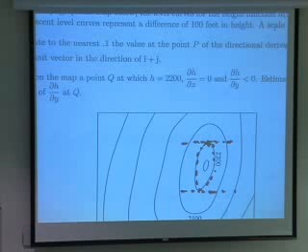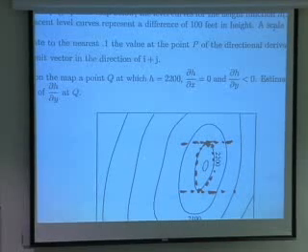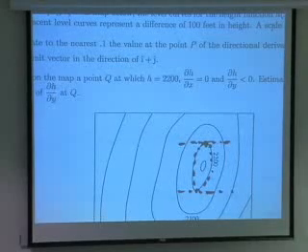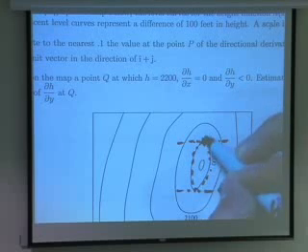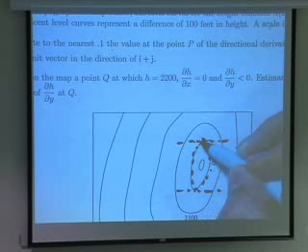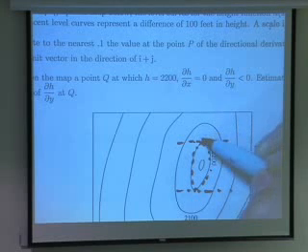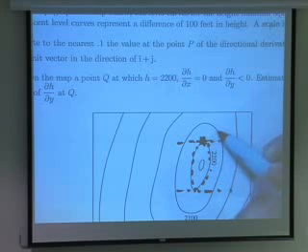Now, we're also told partial h/partial y is less than 0. That means if we go north, we should go down. Which one is it, top or bottom? Top, yes. Here, if you go north, then you go from 2200 down to 2100. So this is where the point is.